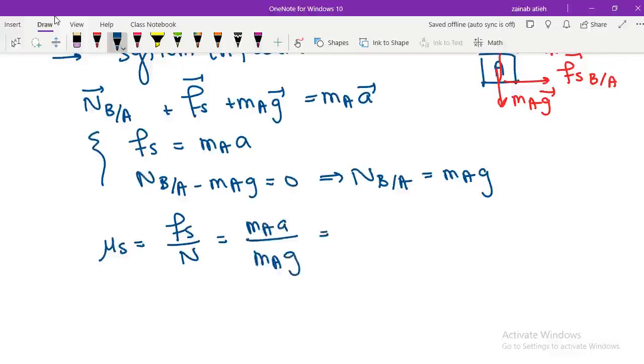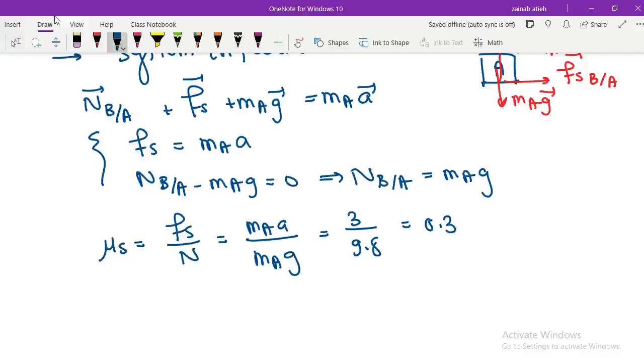MA is cancelled, so we will get 3 over 9.8, and the answer will be approximately 0.3. Same idea: you can take system B alone and find the answer. I won't do it. You can do it as the one I have done before, but there's no need, because the upper block is always easier to deal with.